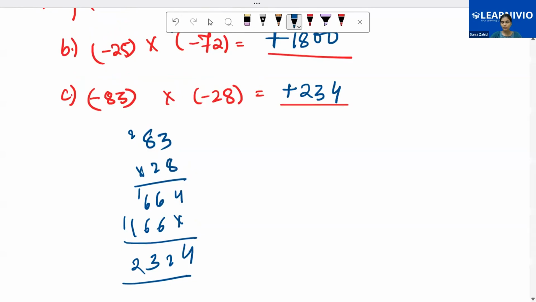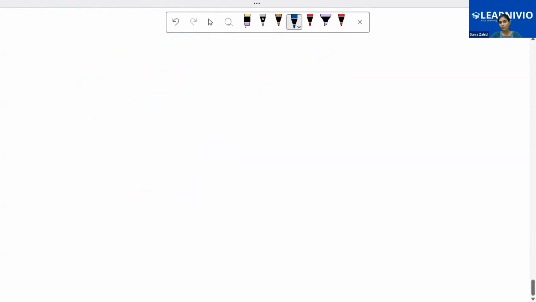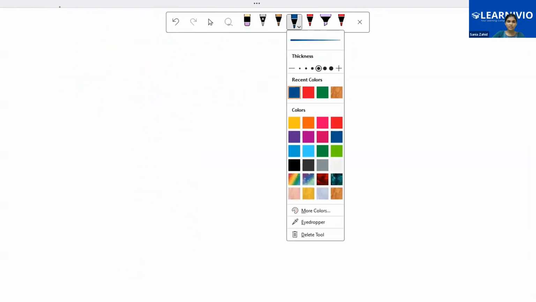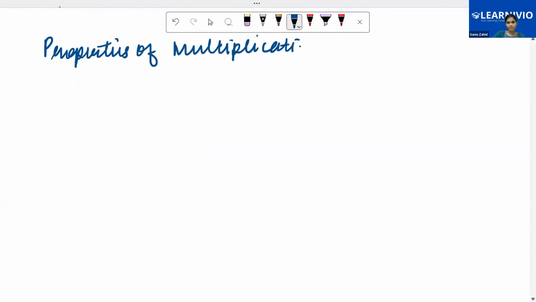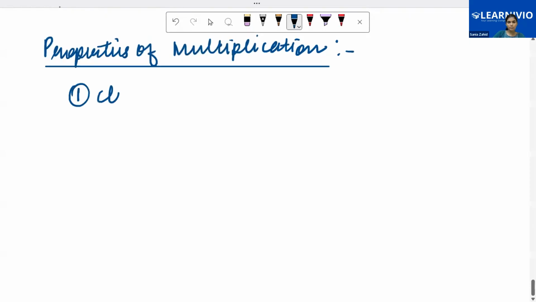So now I think you should be clear with how we put the signs when we are multiplying two integers, right? Now we shall be studying some properties of multiplication. So the first property is the closure property.